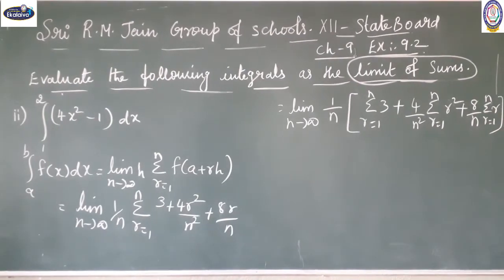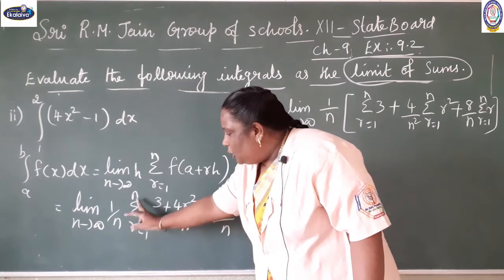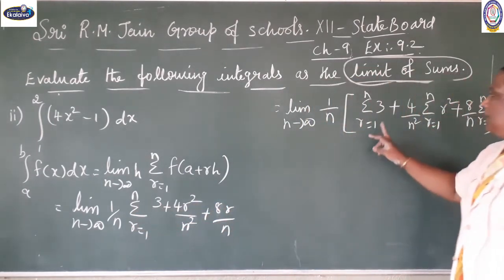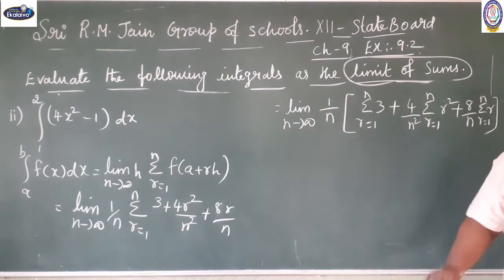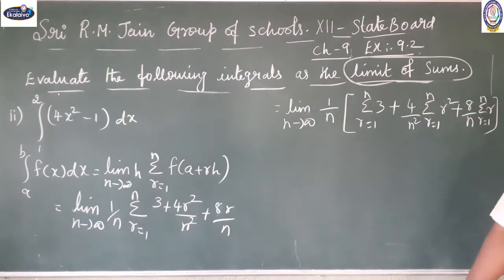Is it clear, children? See here, I brought it inside: sigma r equal to 1 to n 3, plus 4 by n square, I can take it out, sigma r equal to 1 to n r square, plus 8 by n, sigma r equal to 1 to n r.